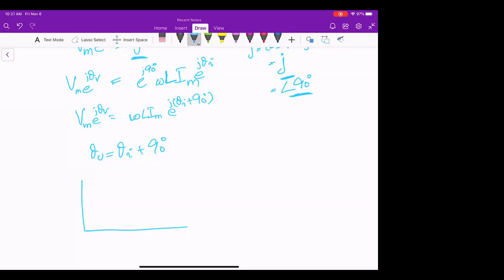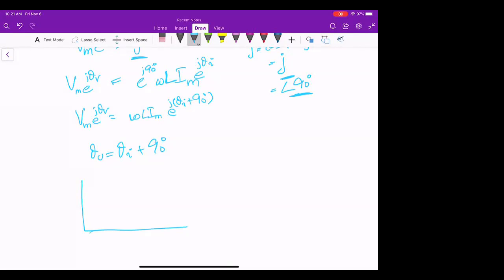So what I was saying is that the relationship between theta v and theta i is 90 degrees. By leading, we mean who is coming first, or who has the greater angle in the positive sense.